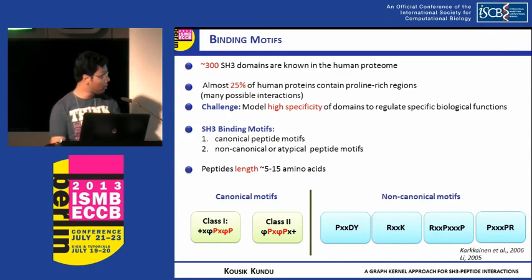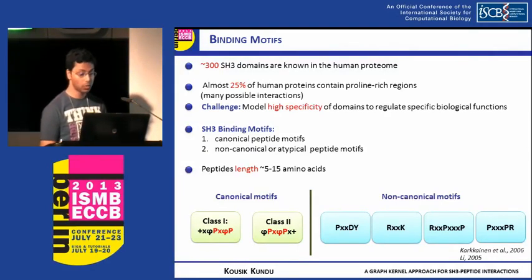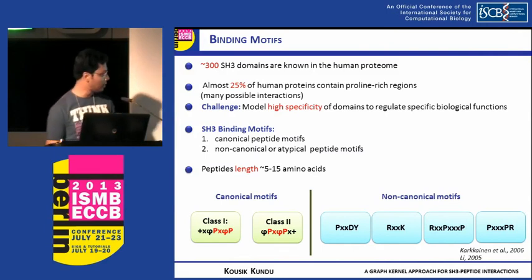When you talk about the canonical peptide motif, it can be further classified into two types, class 1 and class 2. Both types of motif contain one core, in red, PxxP. Here x is any kind of amino acid and phi is a hydrophobic amino acid.